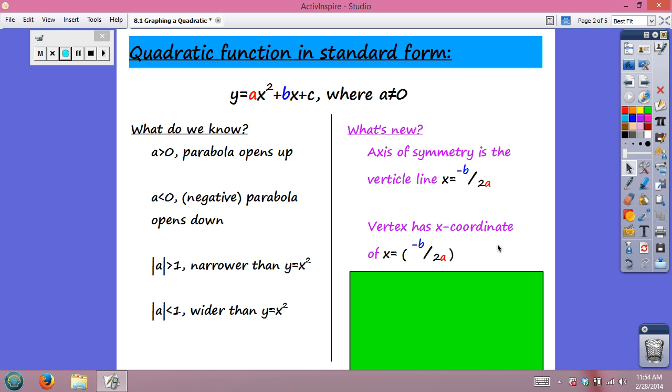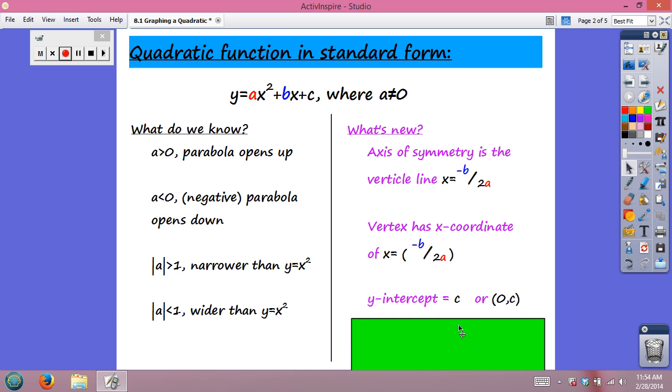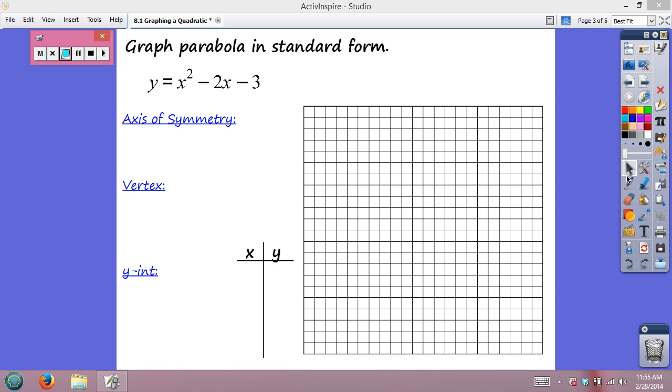And in order to find the y-coordinate of our vertex, we just plug our x into the equation to find y. The last thing that we're going to talk about is that we now know that our y-intercept is at our c value. So if our x is 0, our y-intercept is c, and that will give us another coordinate point.